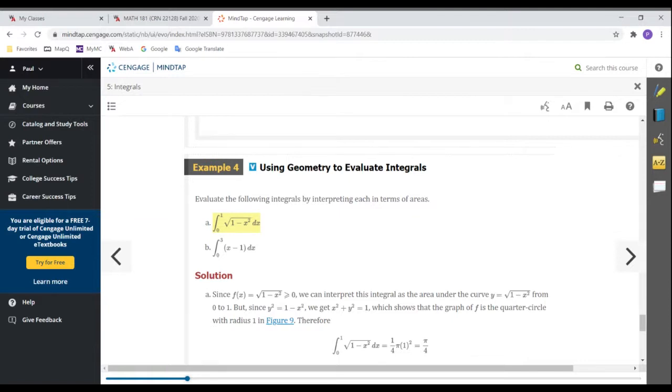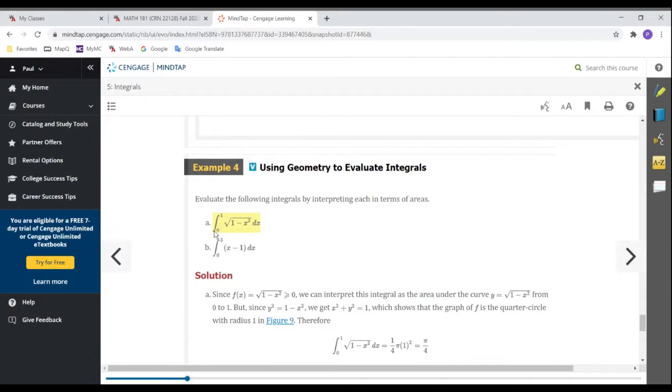But you can still evaluate the definite integral because the square root of 1 minus x squared is connected to what figure that you're used to seeing?